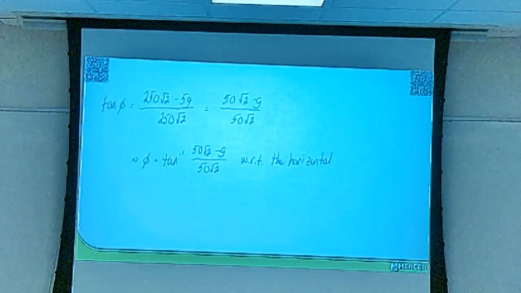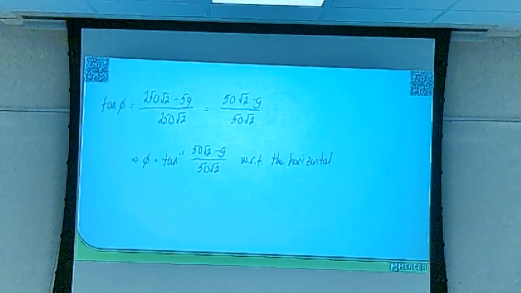So direction would then be the inverse tangent of 50 root 2 minus g all over 50 root 2. And that is measured with respect to the horizontal. Again, you plug in the approximation for g of 32 feet per second. You're going to get about 28.7 degrees with respect to horizontal. And so that's the direction of motion.